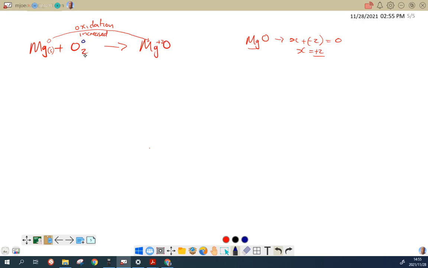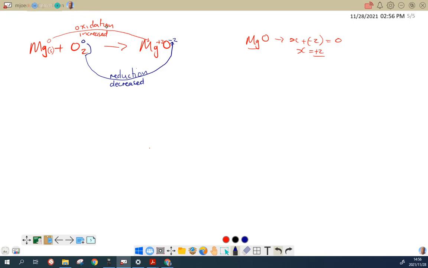Well, the oxidation number has changed from 0 to -2. So we say that the oxidation number has decreased. If the oxidation number has decreased, what does that mean? It means that the oxygen has undergone a process of reduction to become the oxide ion.